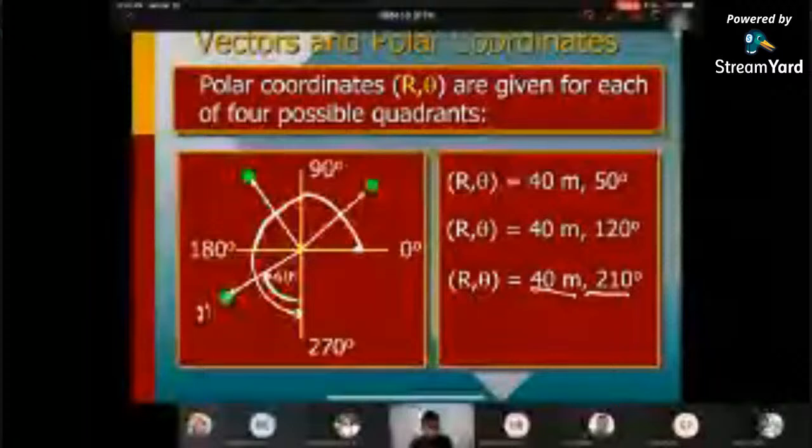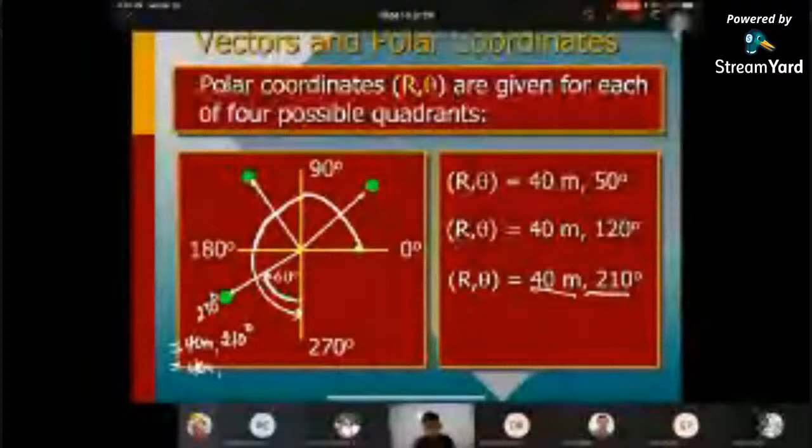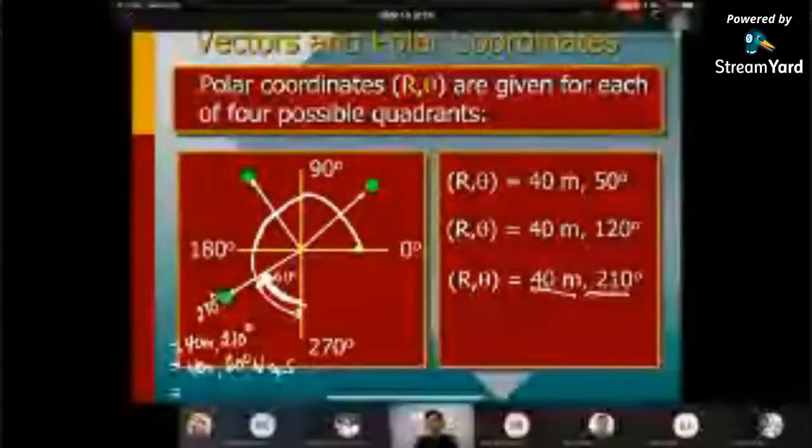So the vector 210 in terms of scalar can be expressed as 40 meters, 60 degrees, which is this one, going to the west, coming from the south.